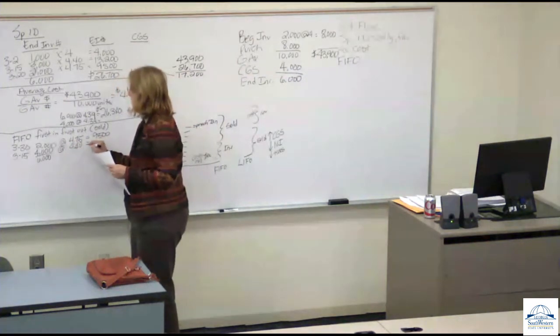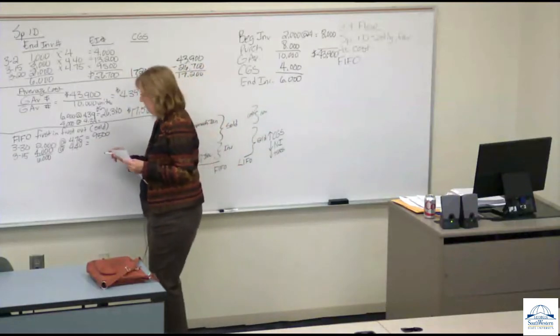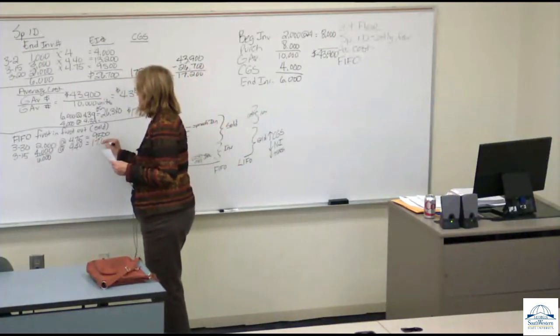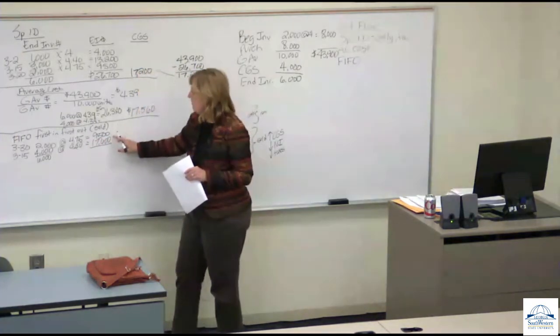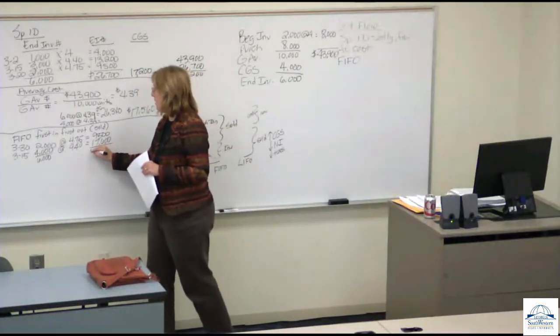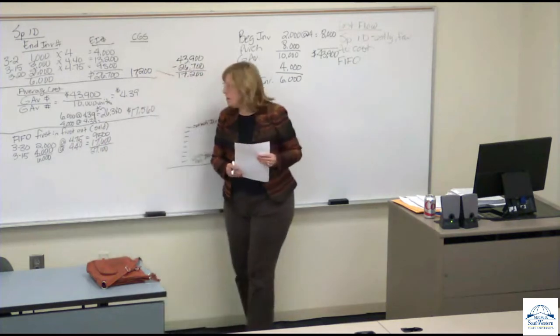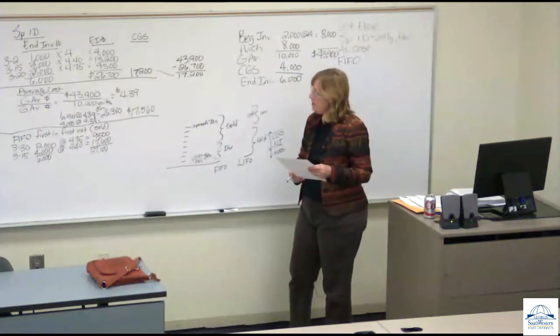So that's a total of $17,600. So our ending inventory is the total of these two things, 6,000 items at $27,100. That's our ending inventory.